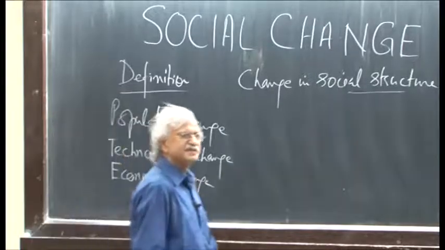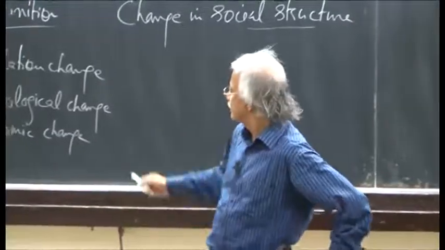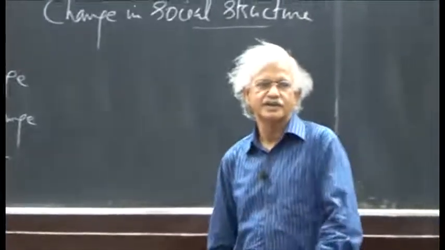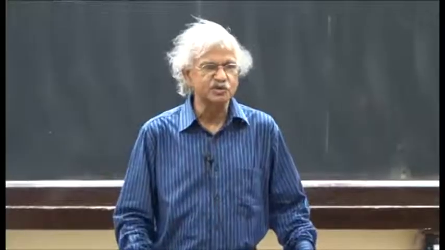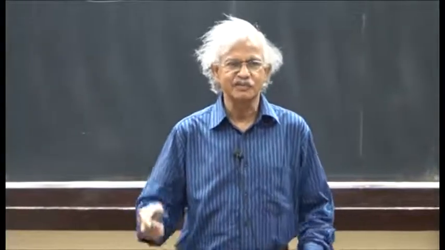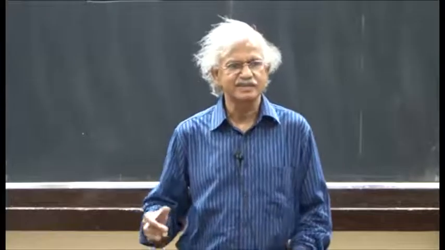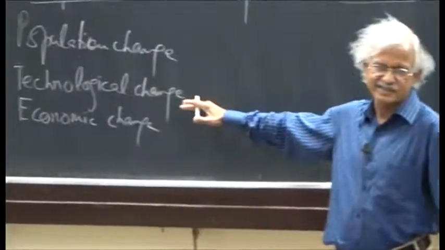Size of population may be increasing or decreasing. Technological change. Man is considered to be a tool-making animal, and from simple technology to advanced technology, there has been tremendous technological change in all societies.